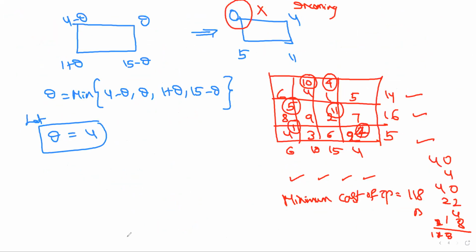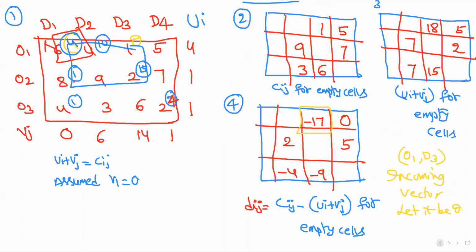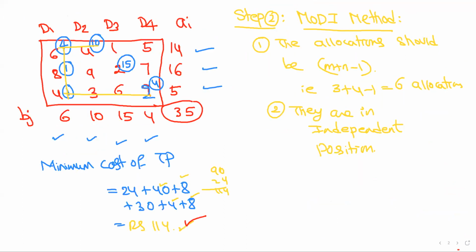No, one small mistake we did. 4 10s are 40, 8 5s are 40, 11 2s are 22, 4 1s are 4, 2 4s are 8. Add it. We are getting more.